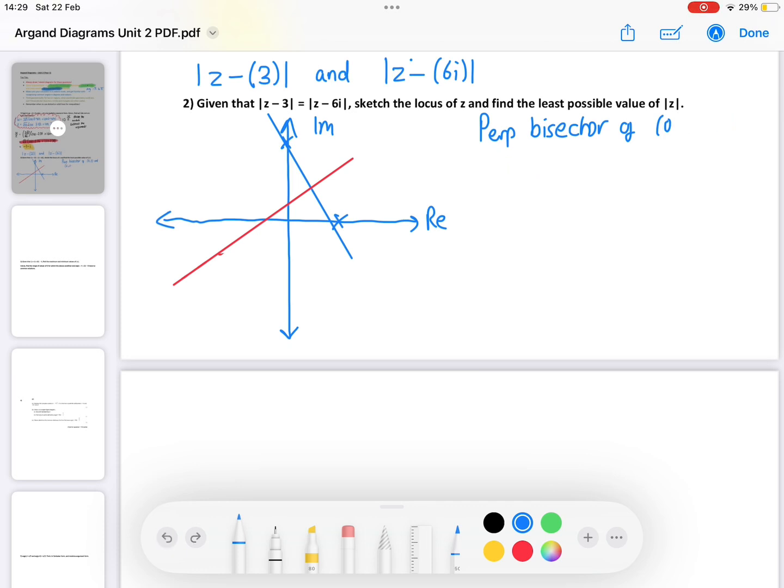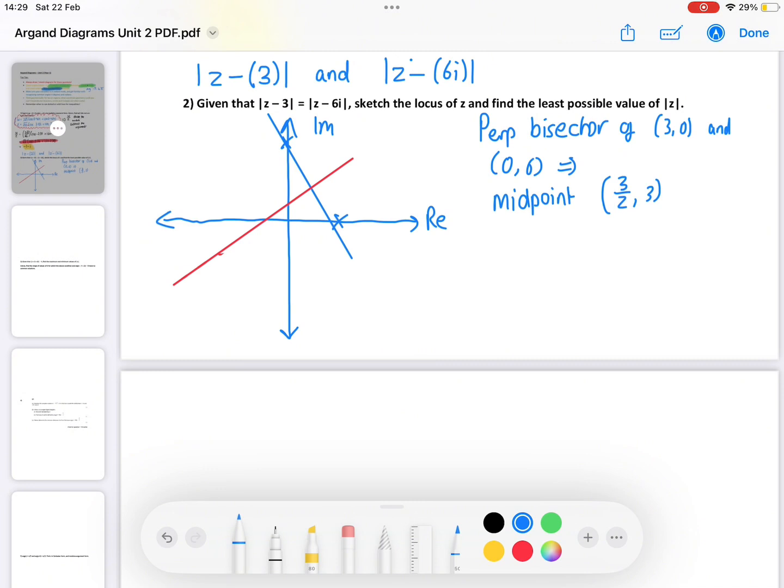We want the perpendicular bisector of 3, 0 and 0, 6, which is, you can work out the average of those two values, but it should be quite clear that the midpoint is going to be 3 over 2, 3.